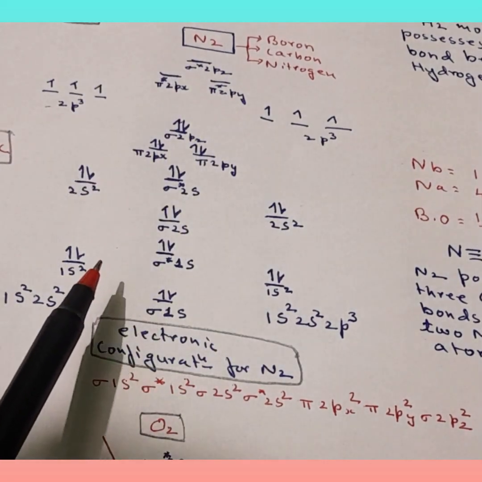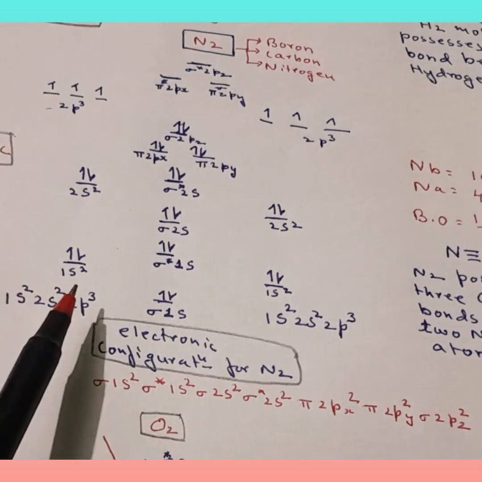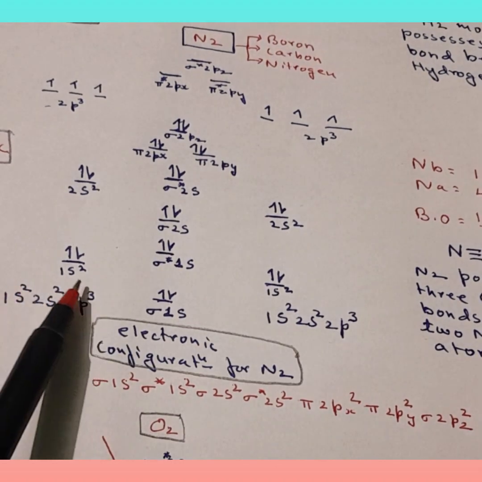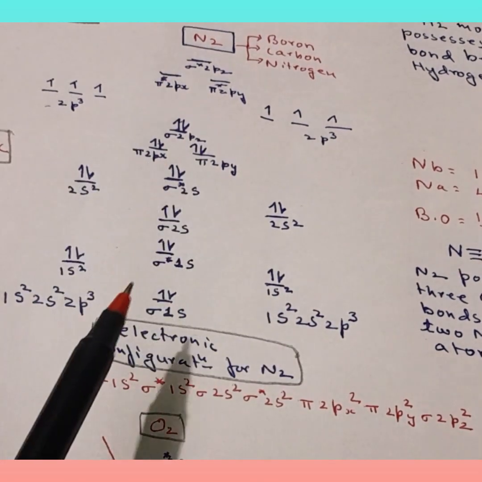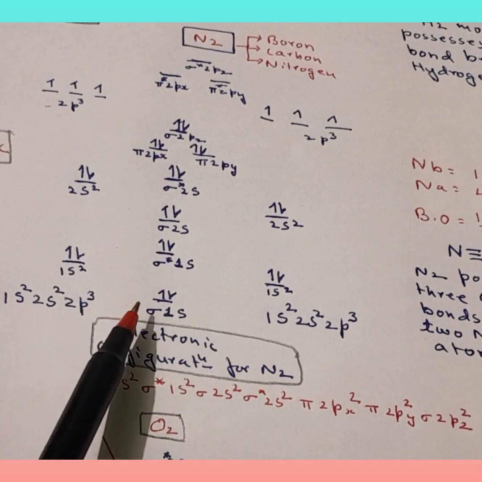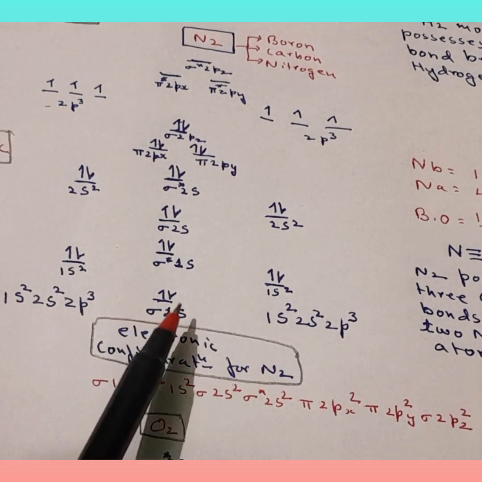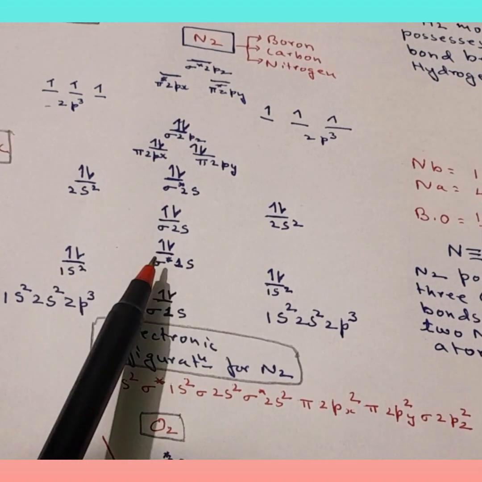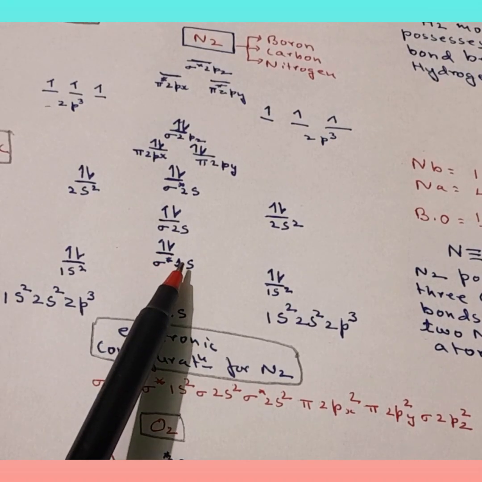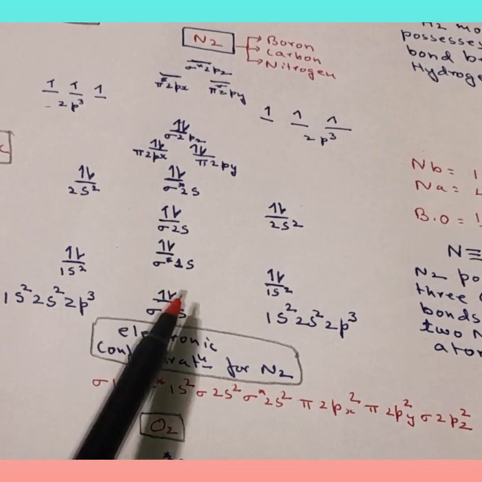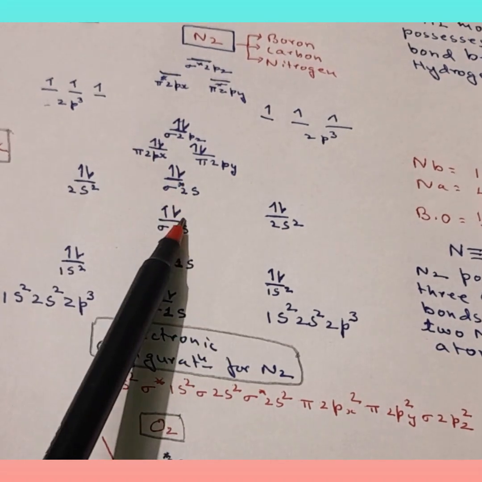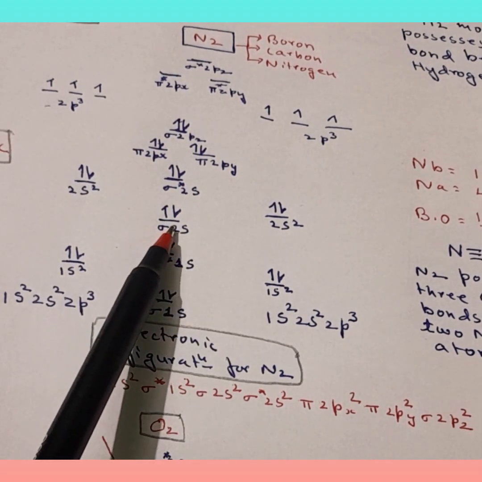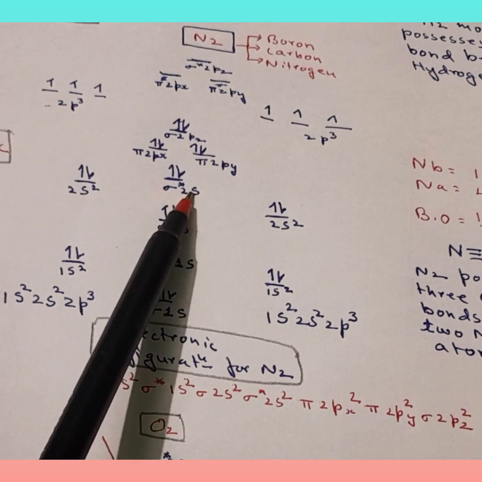Now we have got to fill up electrons. So first what we do is we count the number of electrons. 7 from here, 7 from here. So we have got to fill in 14 electrons in these molecular orbitals. So we start with sigma 1s, we fill into sigma antibonding 1s, so 4 electrons supplied. Then again 4 electrons go into sigma 2s and sigma antibonding 2s.